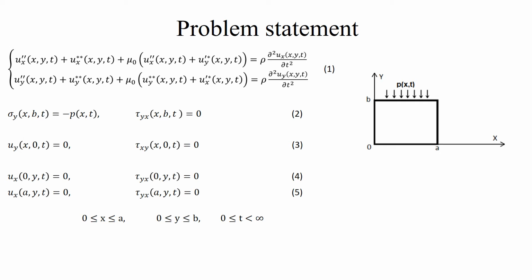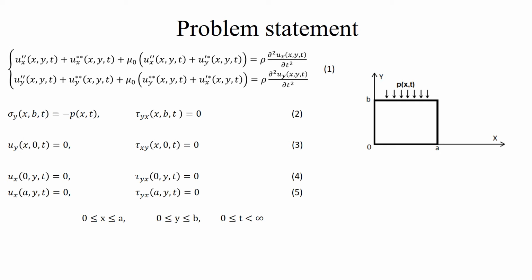So here we have the elastic rectangular domain. We consider it in such a way that x changes from 0 to a, y changes from 0 to b, and t changes from 0 to infinity. The first two lines are well-known equations of elasticity stated for the two-dimensional problem.